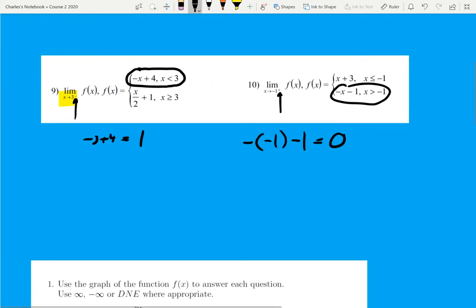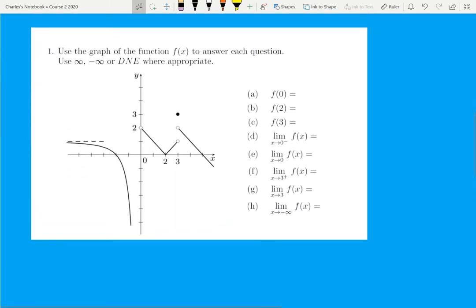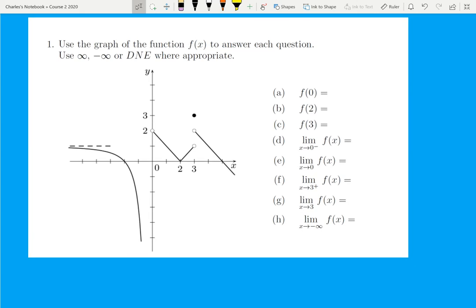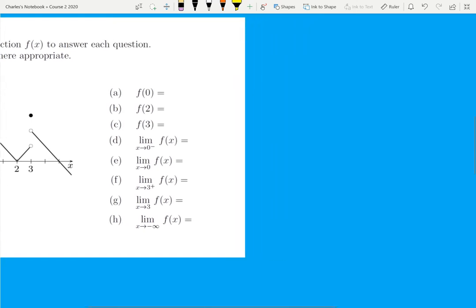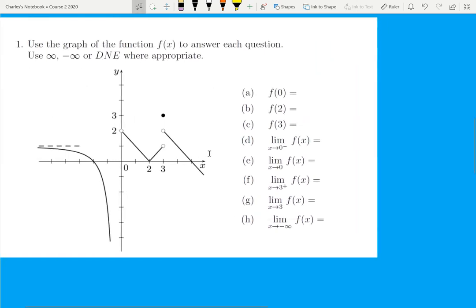Oftentimes, you might be given a picture that looks like this, and now you're asked to evaluate a bunch of different limits. Okay, so the rule for the function is, f of 0 exists if it's coming to the same point from the left as from the right as is the point there.